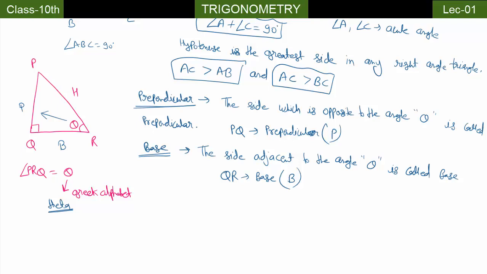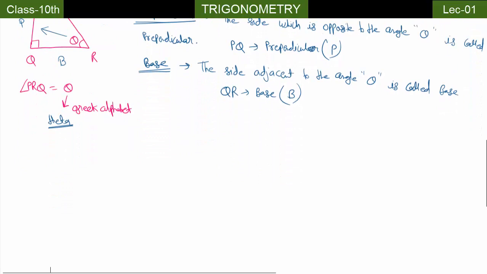If this angle is theta, then QR will be the perpendicular and PQ will be the base. So perpendicular and base depend on which angle we define as theta. If I am not defining theta, I cannot tell which one is perpendicular and which one is base. But hypotenuse will always be the same. Hope this much is clear to you.